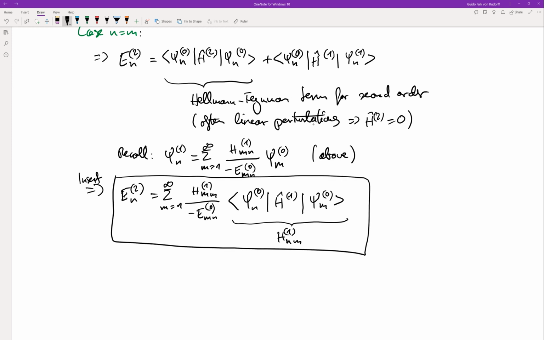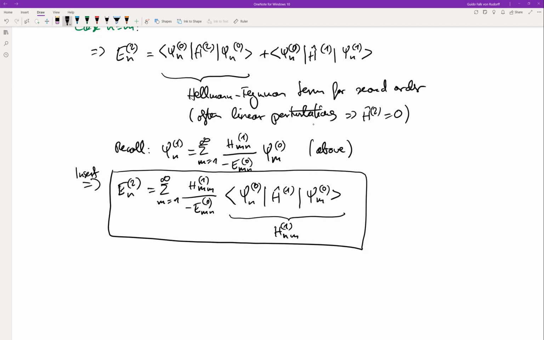Right, so this means here we have again the expression for the perturbed energy only in terms of either the perturbing Hamiltonian or the unperturbed basis functions.